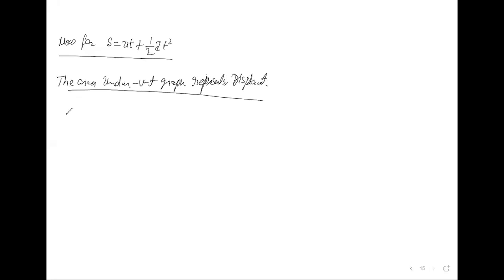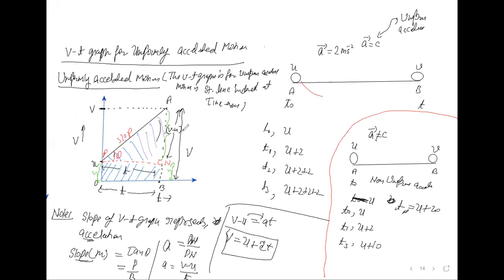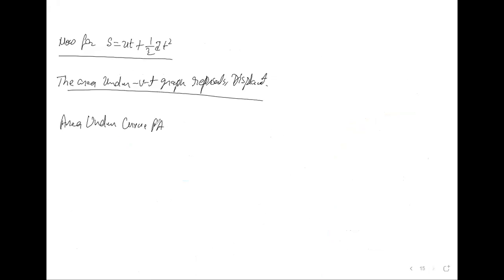So the area under curve PA, our curve represented by P to A, is the whole area under this curve. We are going to calculate it.